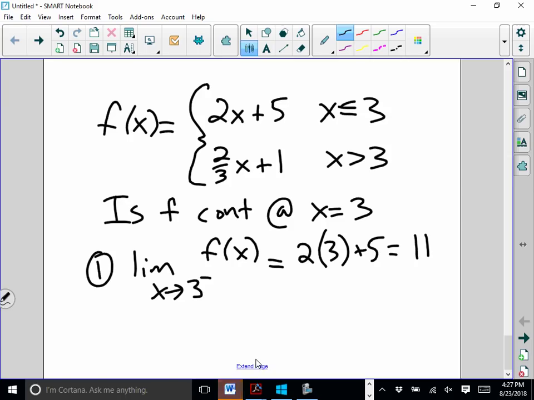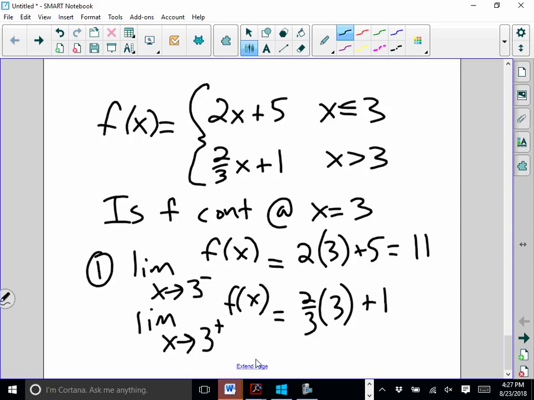I have to use the function 2x plus 5 because that's where x is less than 3. And I got 11. Now let's try the right-hand limit. Trying the right-hand limit here, I see that I get my right-hand limit equal to 3.